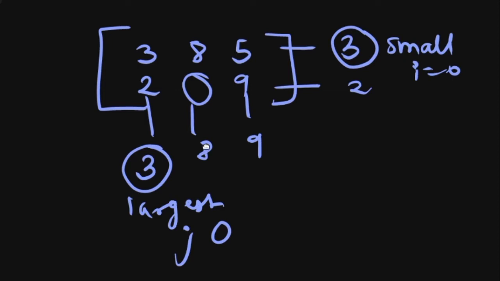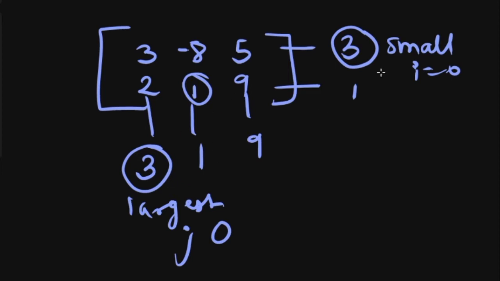Similarly, it should be the highest in this column, so I can make this -8 and this should be 1. So here the largest is 1 and the smallest is also 1. So this is another saddle point in this matrix. Like this we have to check if any saddle point exists, and print it. So basically that's the question. So how will we do this?